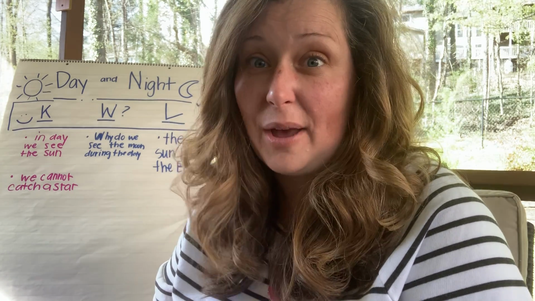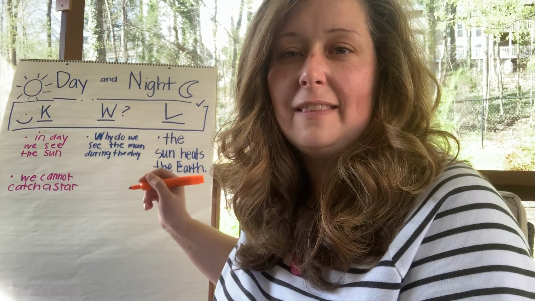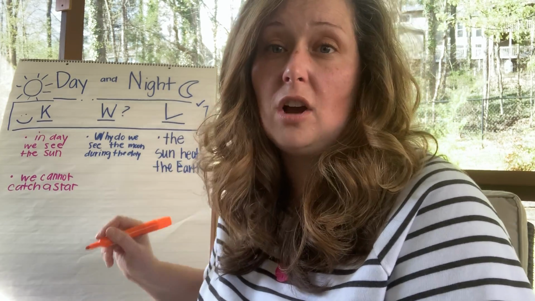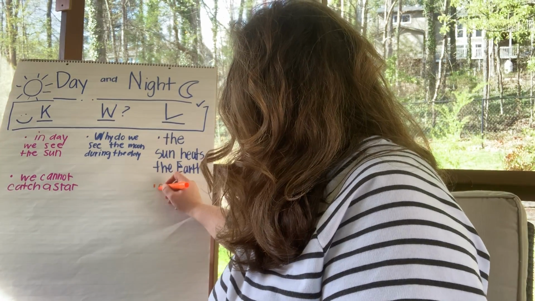But I got a comment from Jeremiah last night that said he knows what the tool for looking at stars is called. He said it's called a telescope. Sorry, my brain stopped for just a few seconds. So he said that's what it's called when scientists are looking at stars. They use a telescope. So I'm going to add that here.